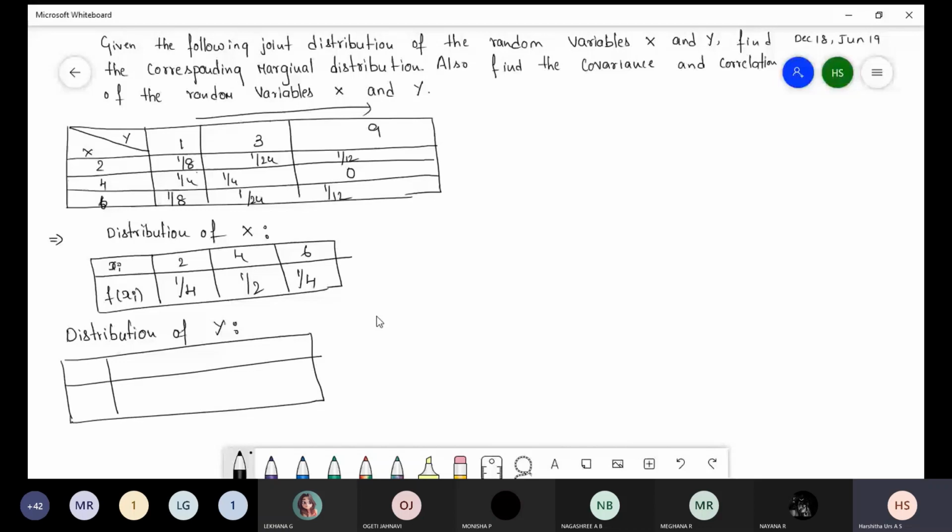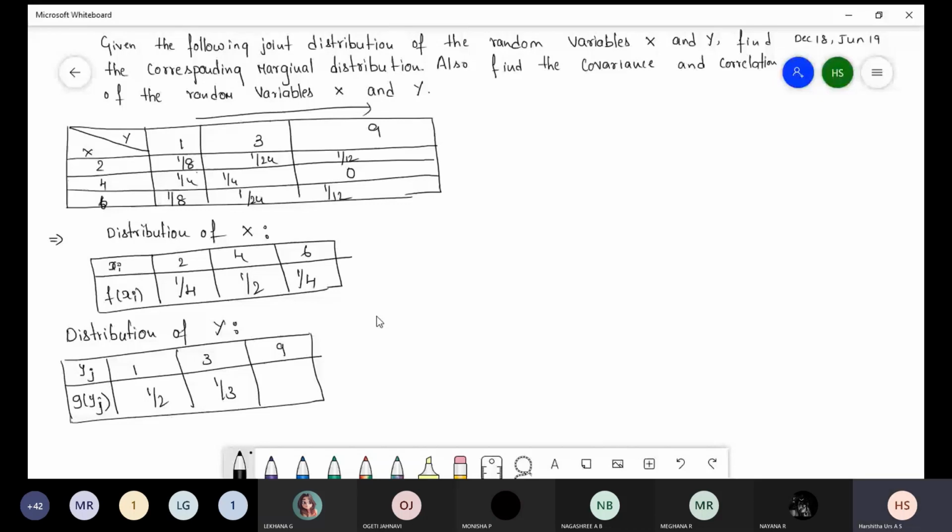Here yj are 1, 3, 9, and G of yj: 1/8 plus 1/4 plus 1/8 is 1/2. Next, 1/24 plus 1/4 plus 1/24 is 1/3. Next, 1/12 plus 1/12, we get 1/6. So the first part, finding the marginal distribution, is completed.